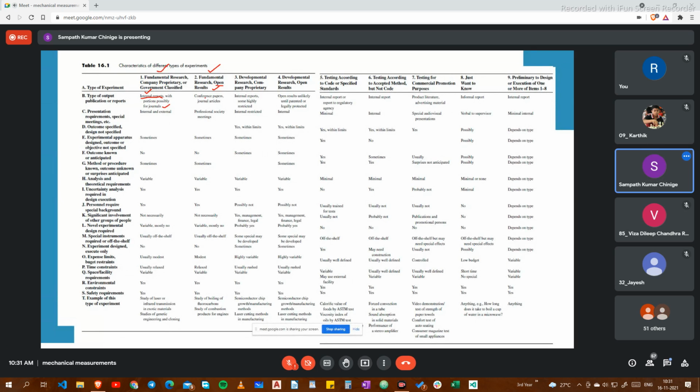It's open access. That means anybody can access knowledge about the outputs for varying different inputs. So that is what we call type of publication. Based on type of publication, we are classifying them. Okay, so the second thing: presentation requirements, special meetings, etc.